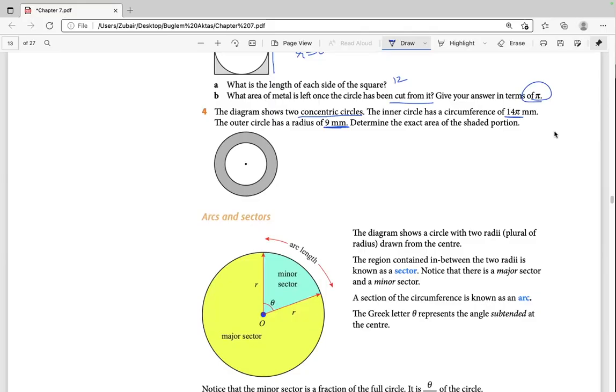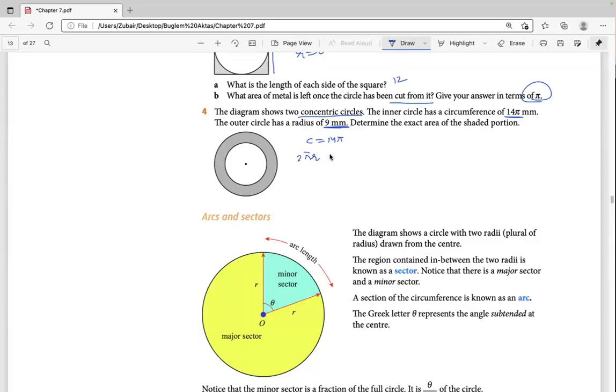Determine the exact area of the shaded portion.